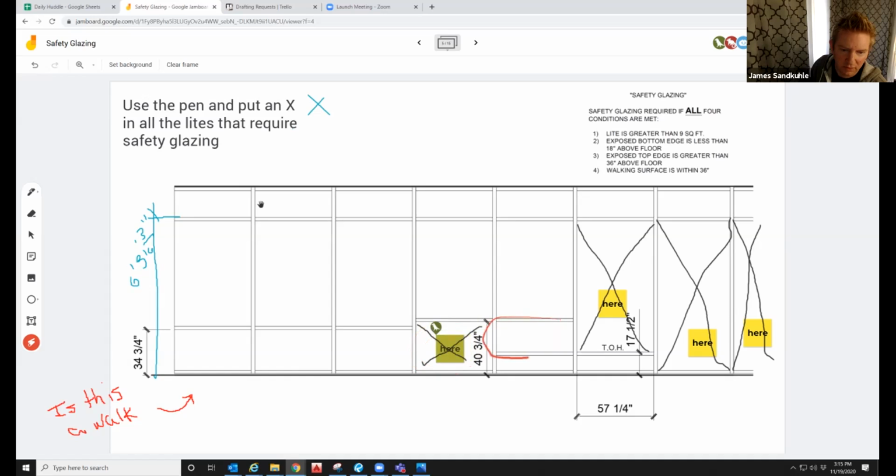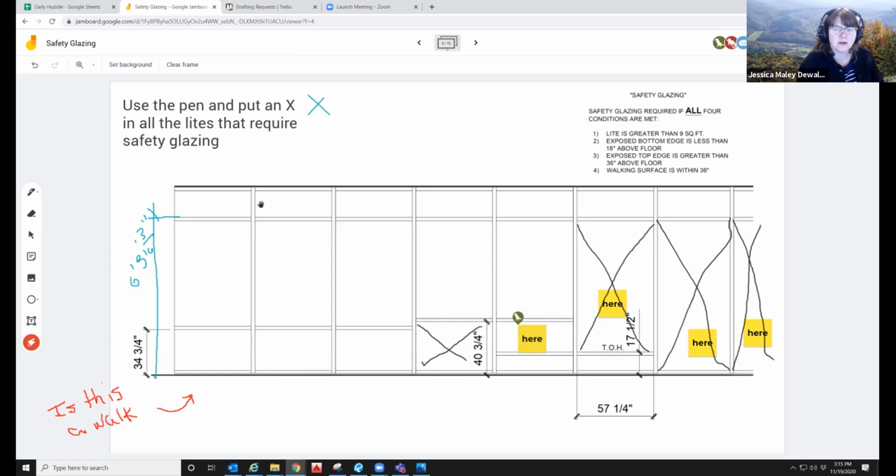What about this one? Who wants to explain this one? I don't think it's greater than 9 square feet, but we don't have all the dimensions. Assume that it is greater than 9 square feet.